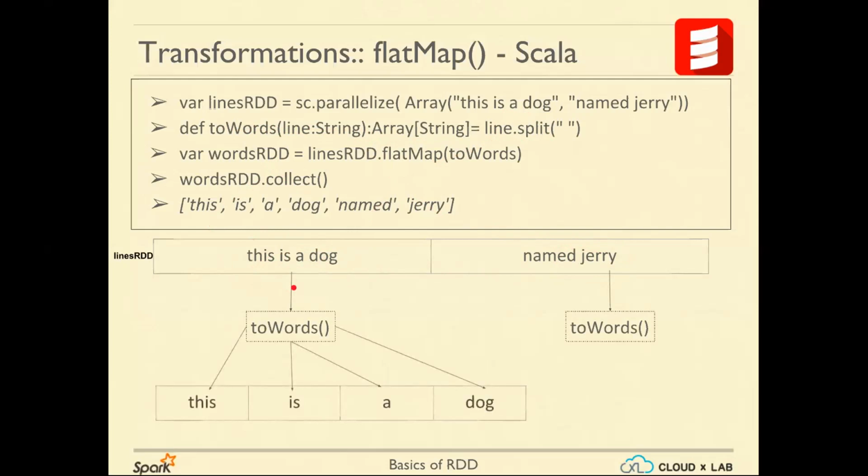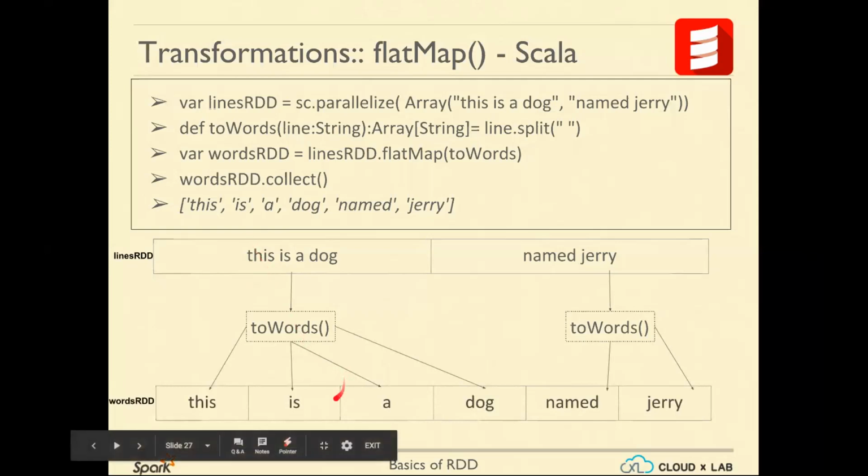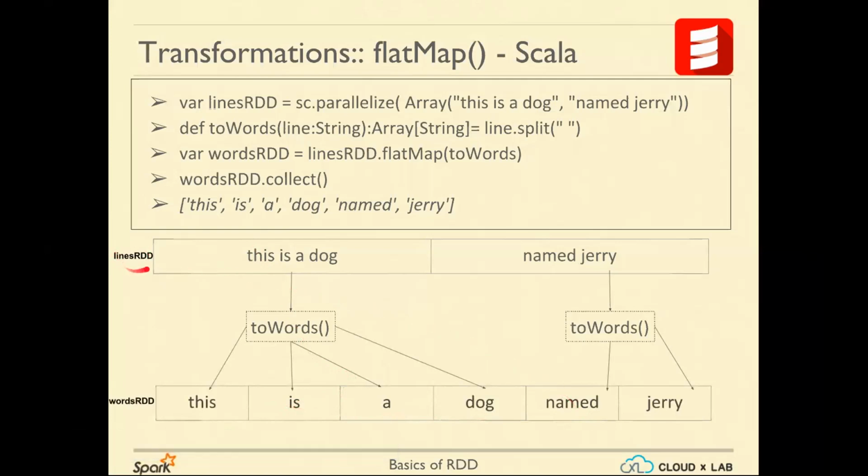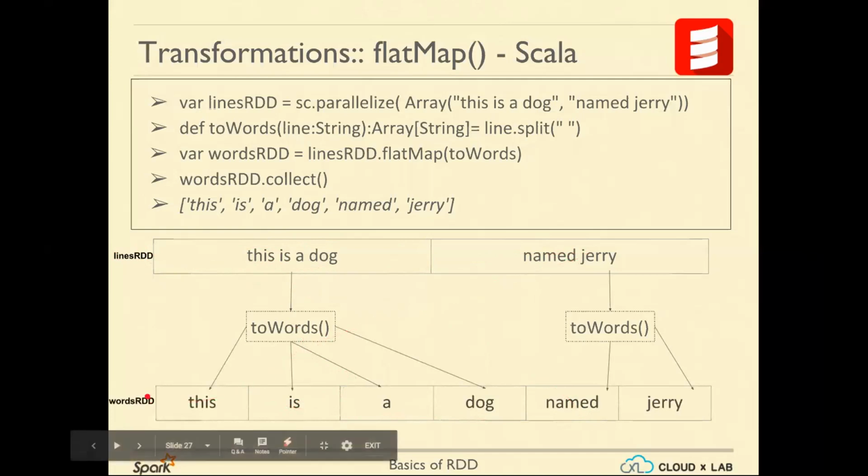Two words breaks down the sentence, this is a dog, into four elements. Similarly, the second line is broken into two words, and the words RDD has 3 plus 3, 6 elements. So if you call count on lines RDD, it will be 2. If you call words RDD.count, you will get 6 as the answer.